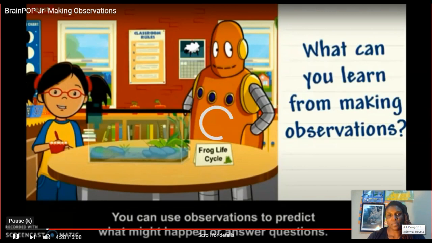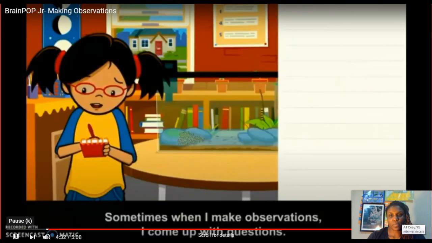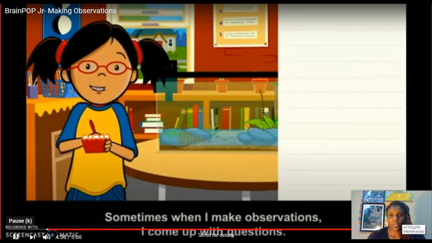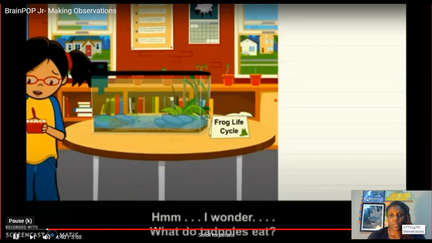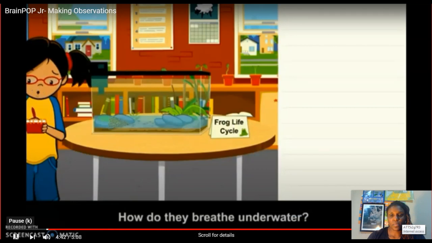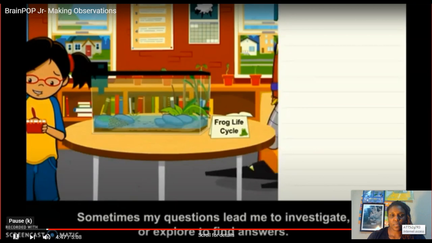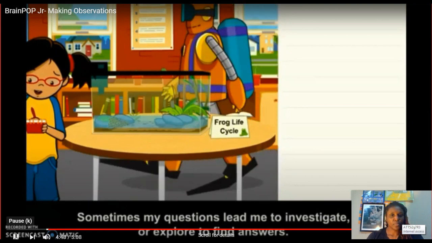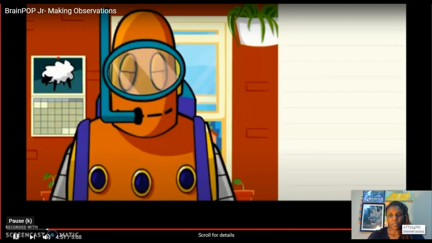You can use observations to predict what might happen, or answer questions. Sometimes when I make observations, I come up with questions. I wonder, what do tadpoles eat? How do they breathe underwater? Sometimes my questions lead me to investigate or explore to find answers.